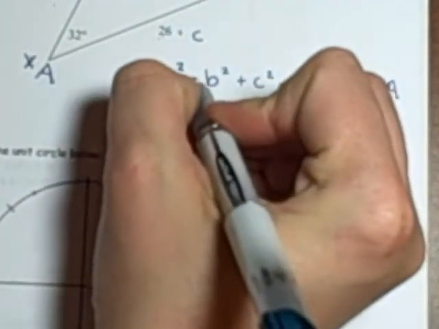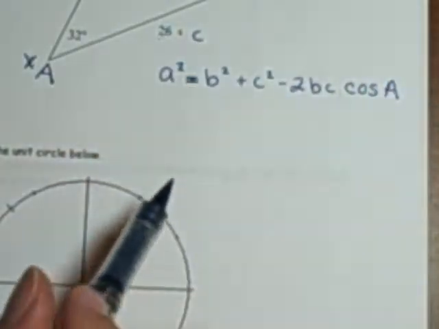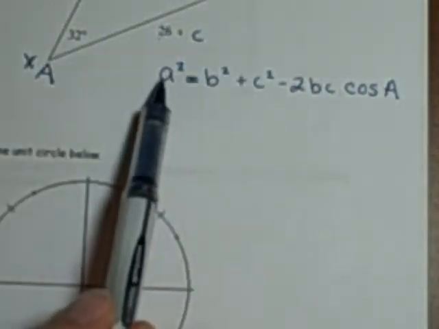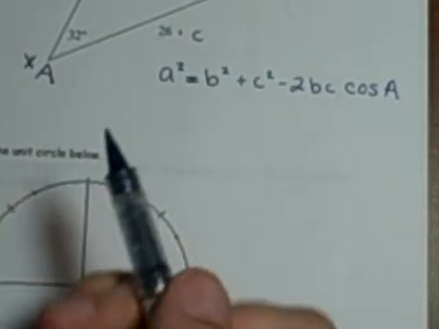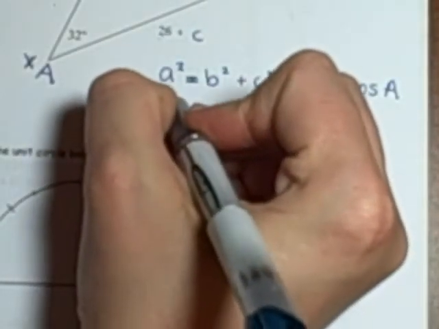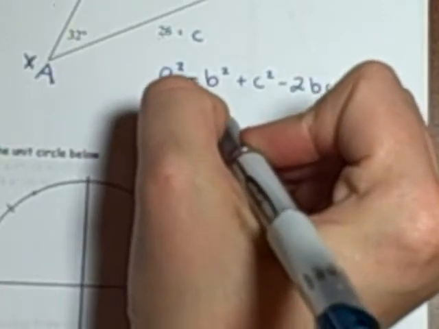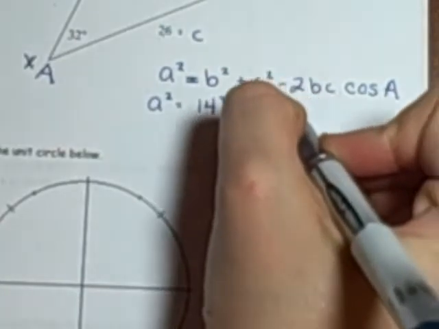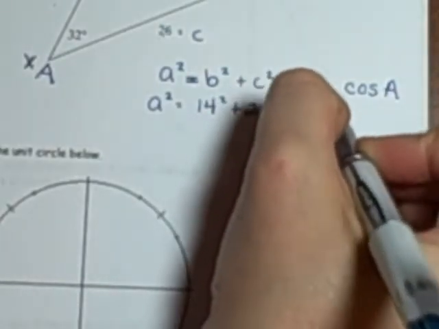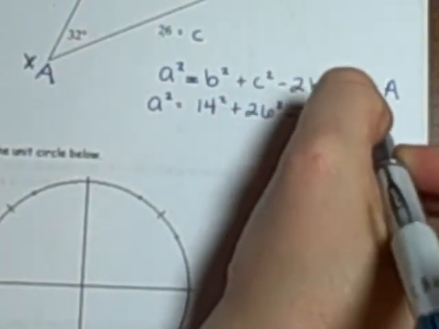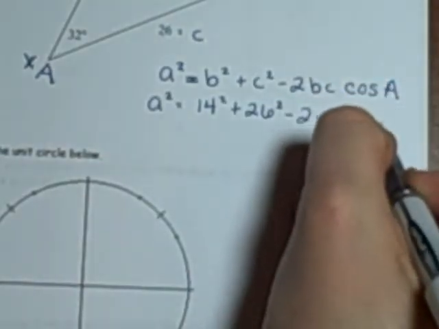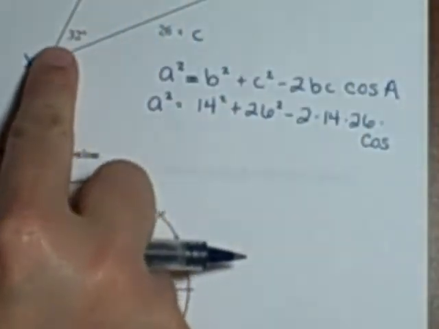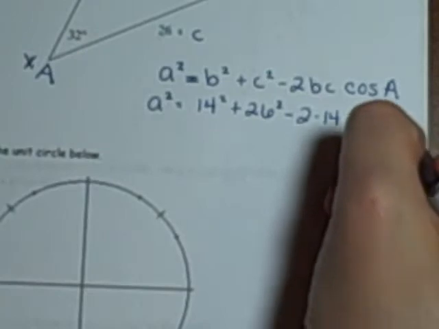A squared equals b squared plus c squared minus 2bc cosine of A. And I'm really just going to plug these values in. Now little a, that's my side A, that's what I'm trying to find. So I'm going to have a squared equals 14 squared plus 26 squared minus 2 times 14 times 26 times the cosine of angle A, which I do have a measurement for here, is 32 degrees.